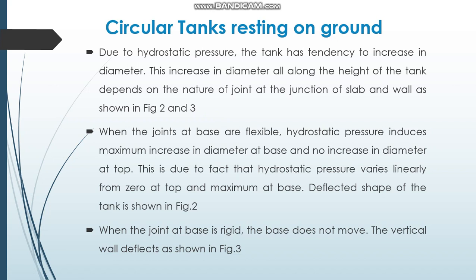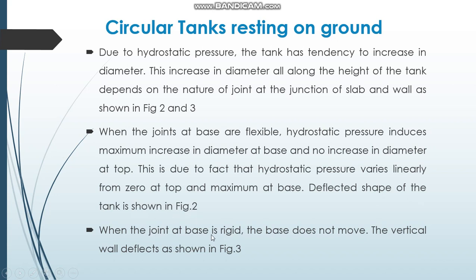When the joints at base are flexible, hydrostatic pressure induces maximum increase in diameter at base and no increase in diameter at top. This is due to fact that hydrostatic pressure varies linearly from 0 at top and maximum at base. Deflected shape of the tank is shown in figure 2.